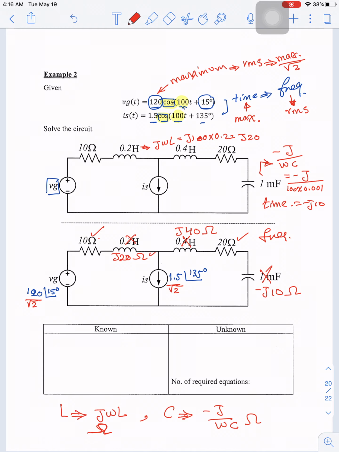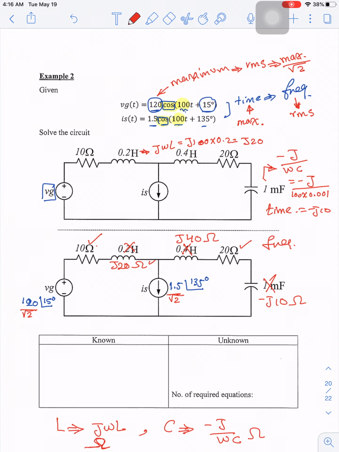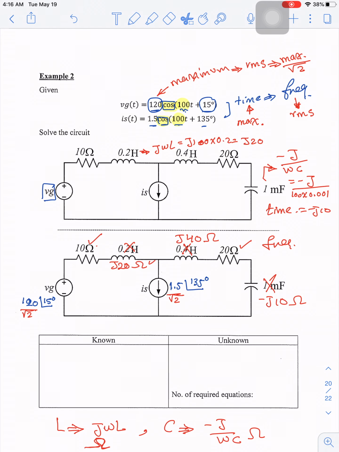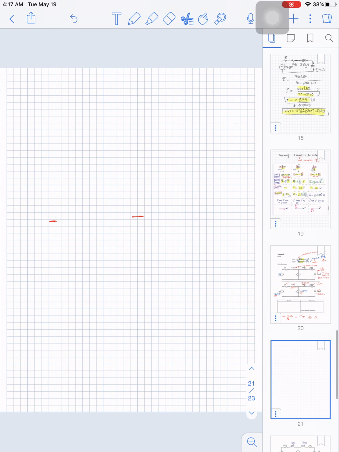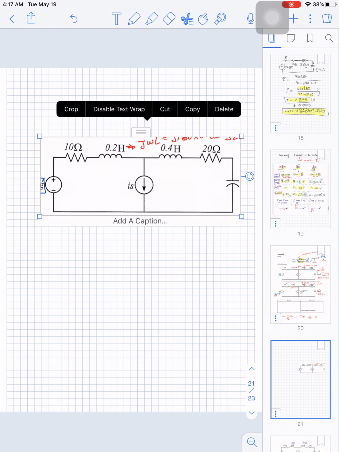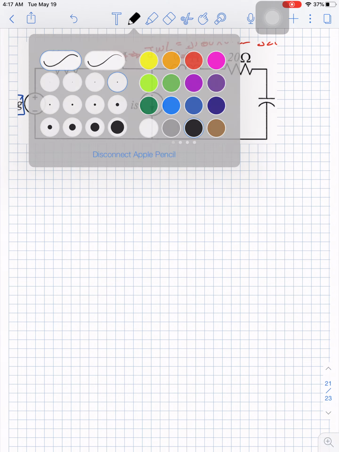So let's sketch the circuit again. Let's first copy the circuit. Here, instead of these values, I will remove them and write the ohmic values.